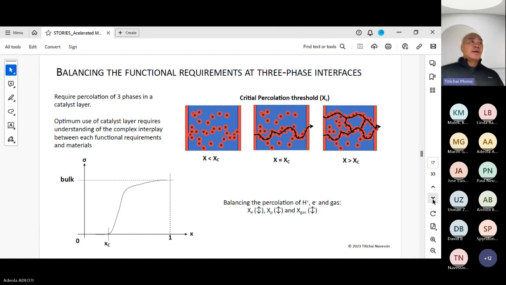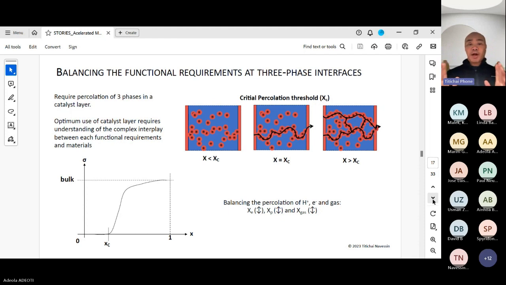and gas. So if we invoke percolation theory, this means that when you have a bulk property, the conductivity or conduction of that phase is equal to 1. Right? But typically, from the design point of view, you start with 0 and you start adding a particular phase.